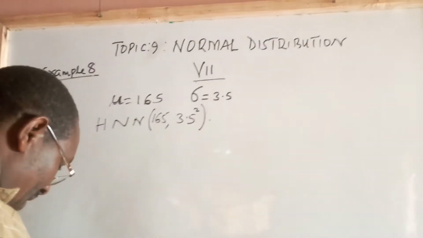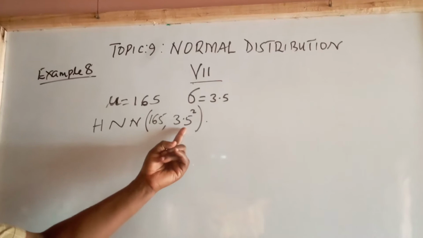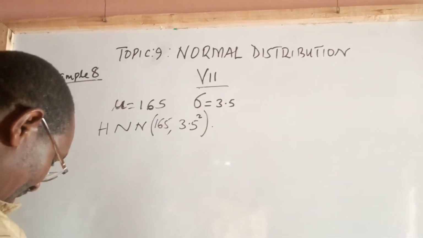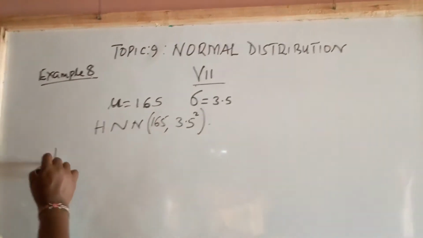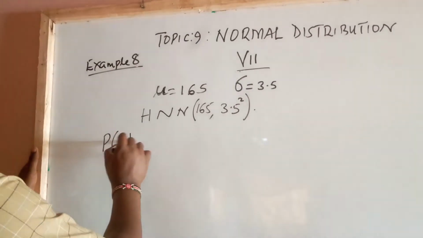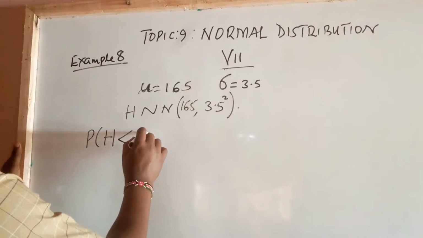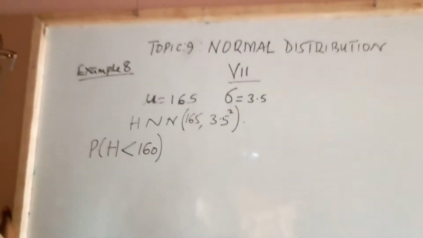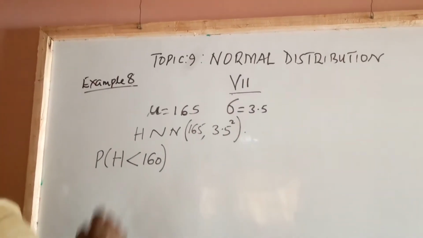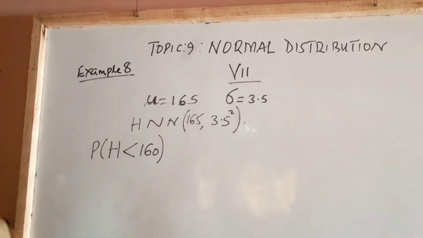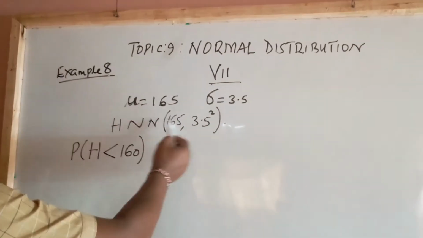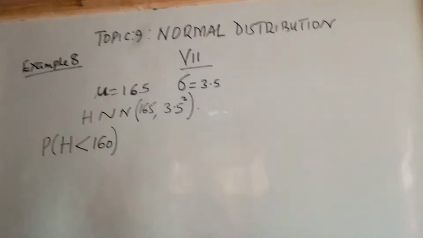Part A of the question is, find the probability that the height of a certain woman is below 160 centimeters. Of course, 160 becomes our unfamiliar boundary, and the mean is here, and the standard deviation is there.